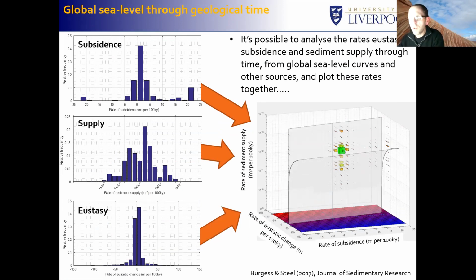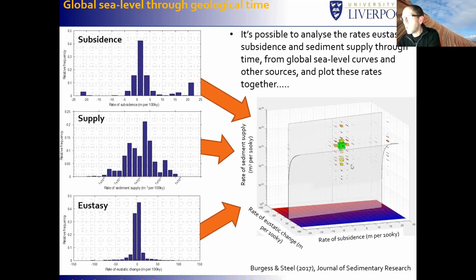Now we use more complicated, I would argue more sophisticated methods to try and reconstruct what sea level history is doing by combining the various different controls, subsidence, sediment supply, eustacy, looking at them in what we call parameter spaces and taking a probabilistic approach.